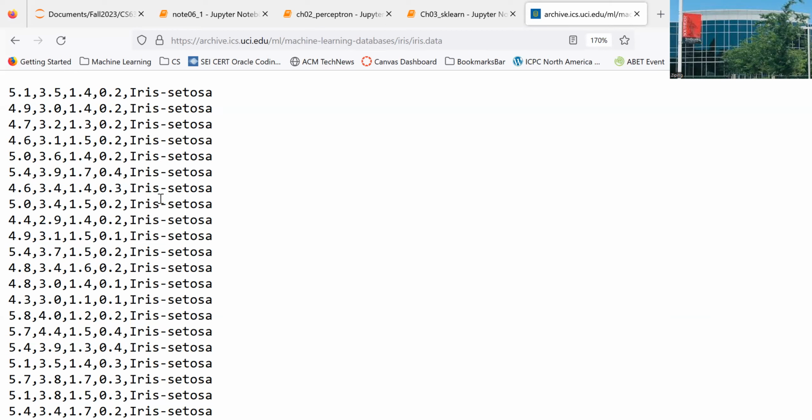Because this y hat is based on the calculation, sigma w_i x_i. This is the real one, from the 150.